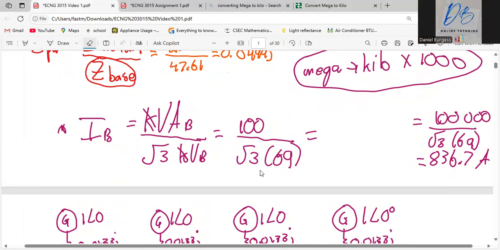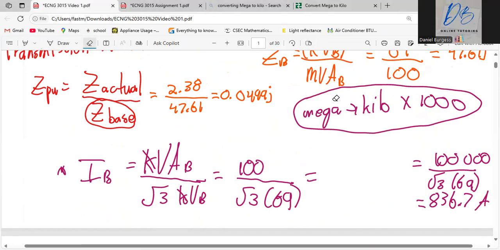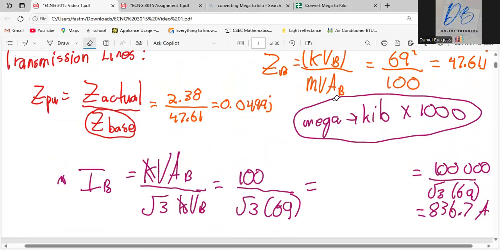The conversion was correct, but it wasn't needed. So this will just end up being 100, and my original answer was correct.